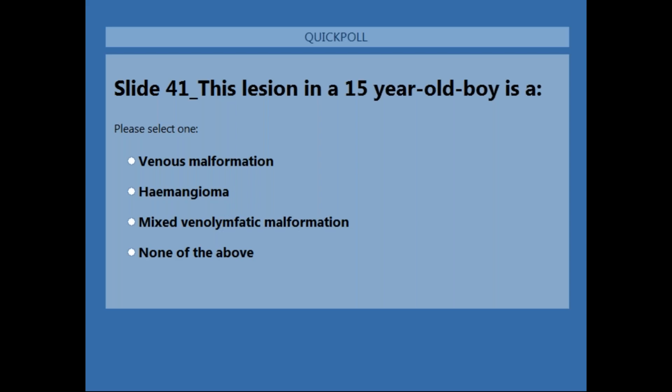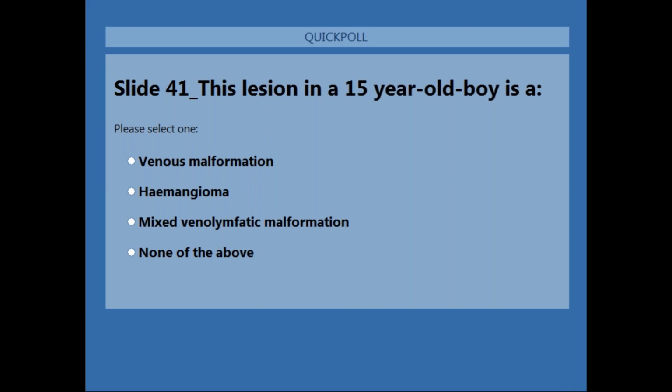And there is a poll appearing now, and you can all vote. So a few more seconds.